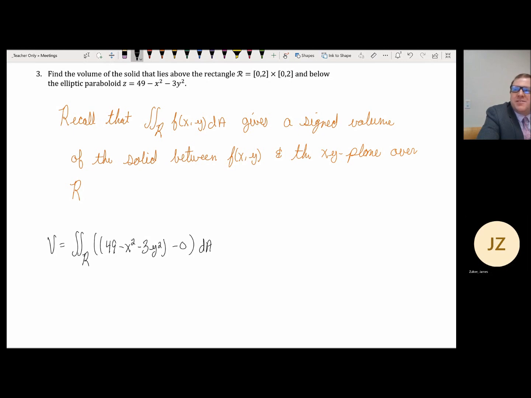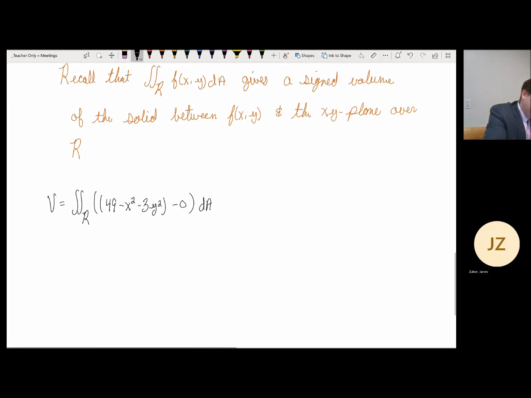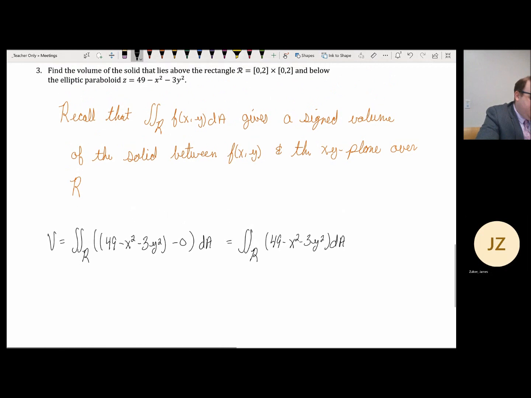Obviously, you're not going to need that minus 0 part. So there's what the volume equals. So there's the integral setup for volume.